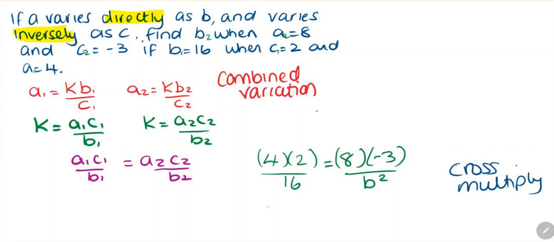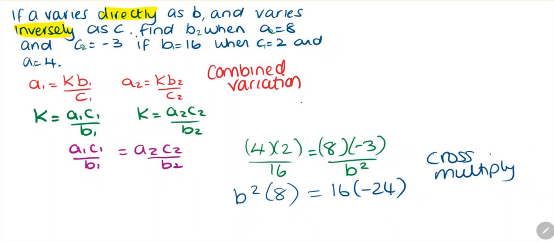So I'll have b2 times 8 is 16 multiplied by minus 24.